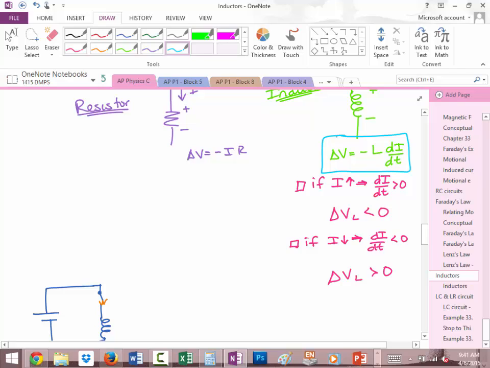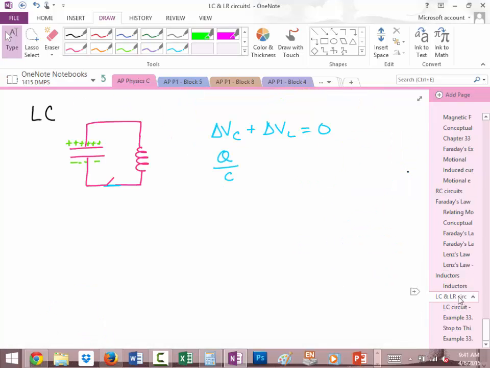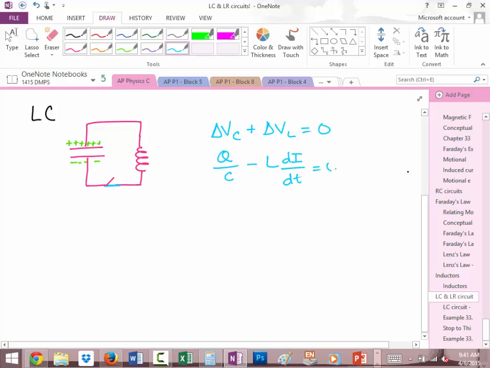We put a negative in front of it because we said the voltage was going to be opposite the direction it was going, times the inductance multiplied by di/dt. So I'm going to say q/C minus L di/dt equals 0.